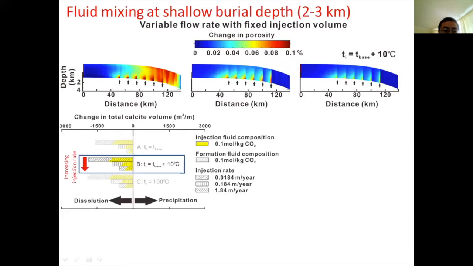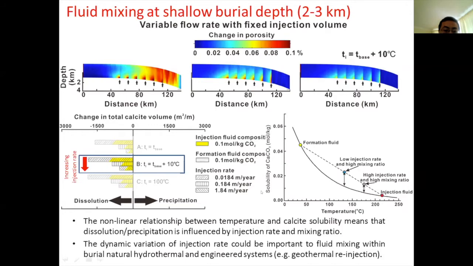This figure shows how the injection rate was changing, and that a lower injection rate gives a large dissolution, but an increased injection rate causes less dissolution. We think this is related to the nonlinearity of calcite solubility.